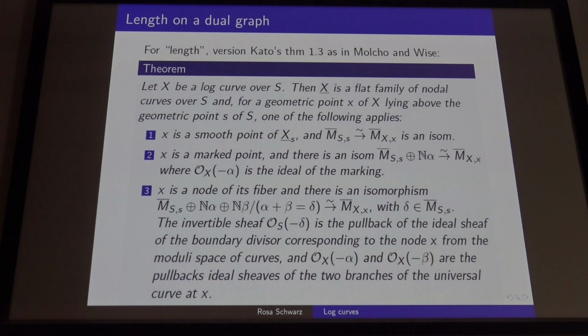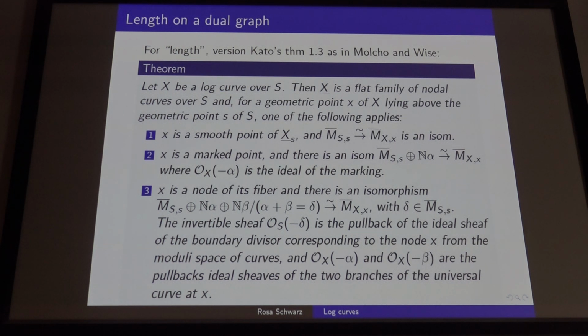If you have a node, then the relative characteristic monoid would be a copy of Z at that node. That's the theorem that we saw. This just describes a little bit more explicitly what we can expect.